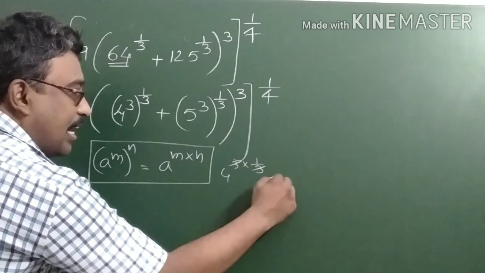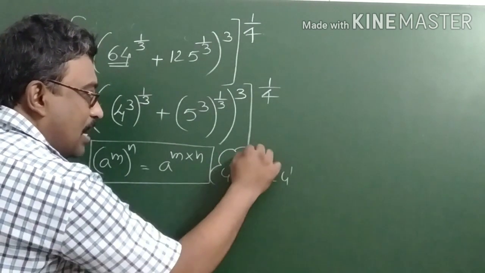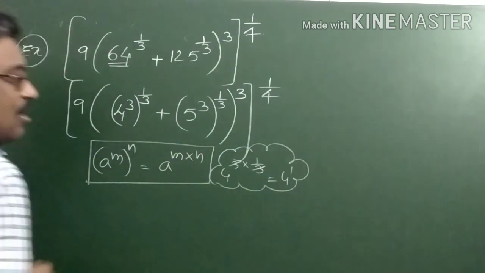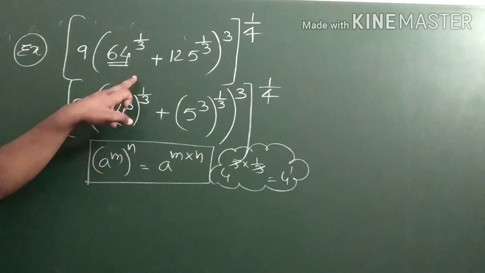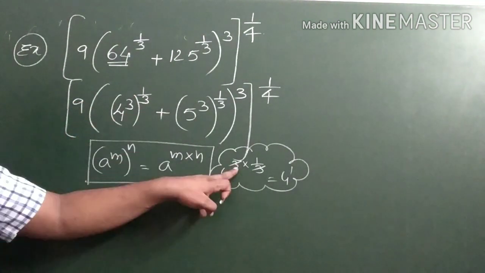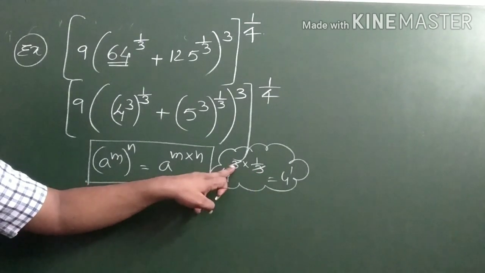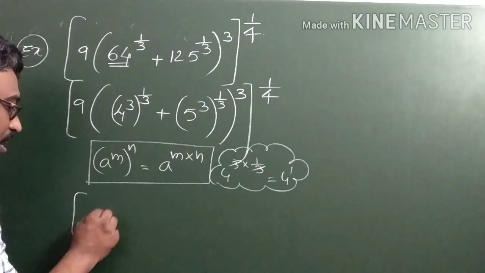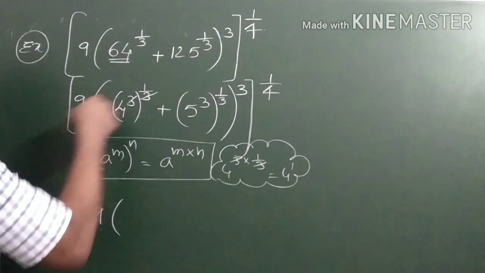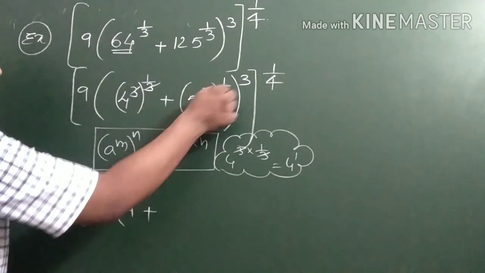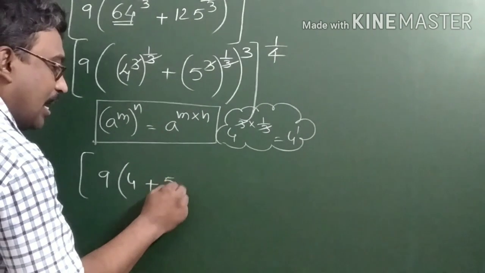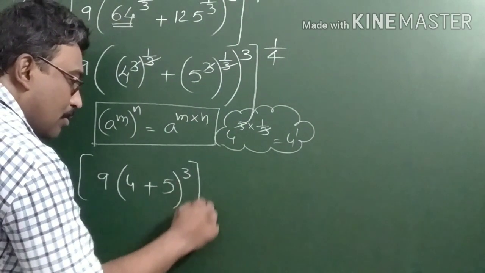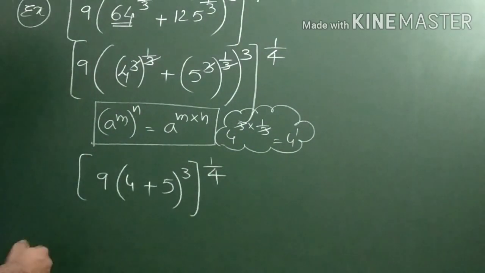So 3 cancel, 4 power 1 will be left. The same I am using here: 9, 3 3 cancel, 4; 3 3 cancel, 5, whole cube, whole to the power of 1/4.